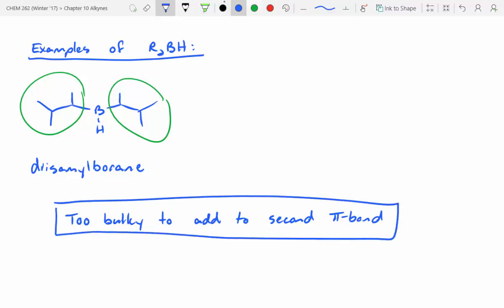The second one is even trickier to draw. Oh man, let's see if I can do it on the first try. Hang in there.